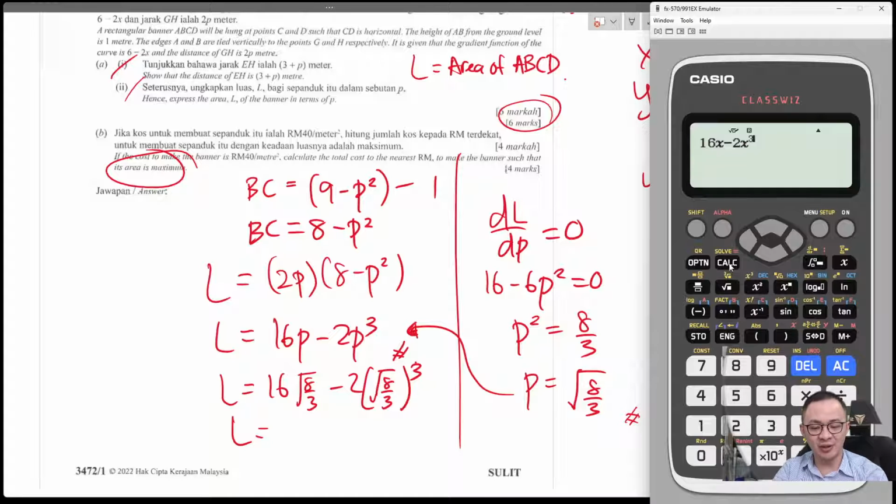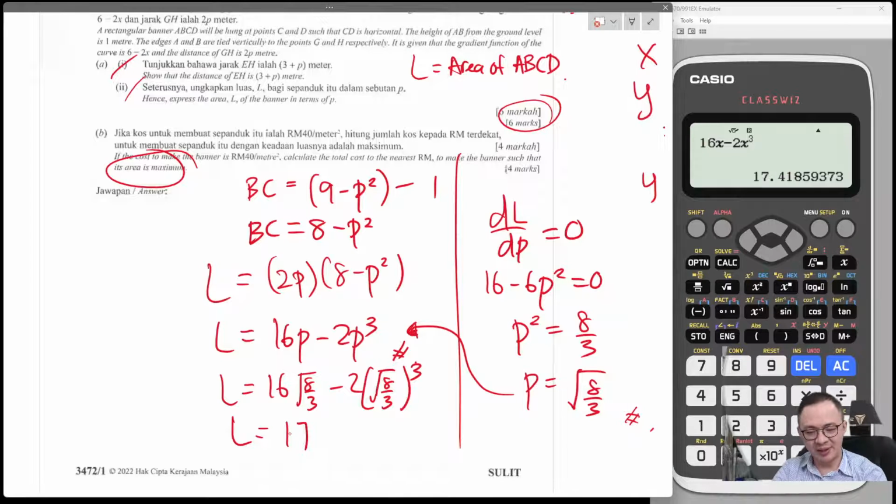Because I want to use the calculate button and tell it I have something like 8 over 3. I think I better put a bracket. Square root, then a bracket, 8 over 3, close the bracket, 2 times.